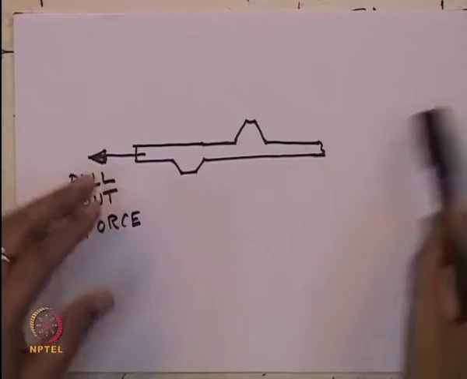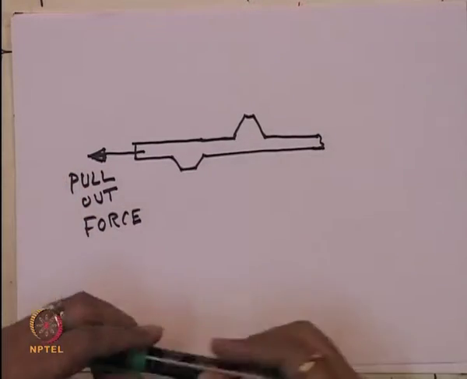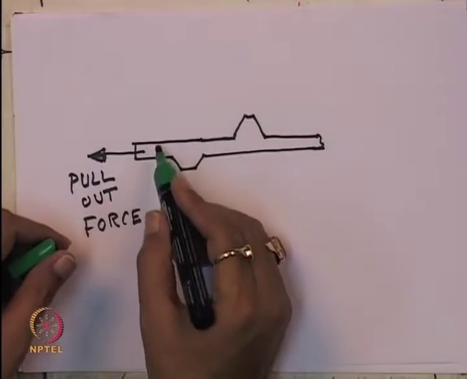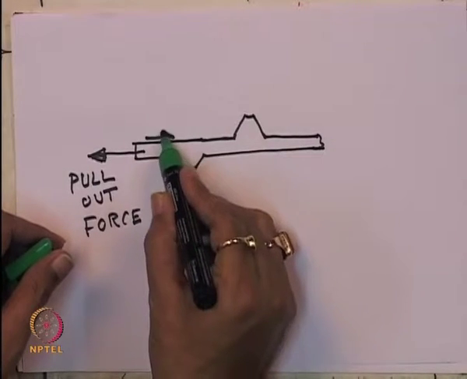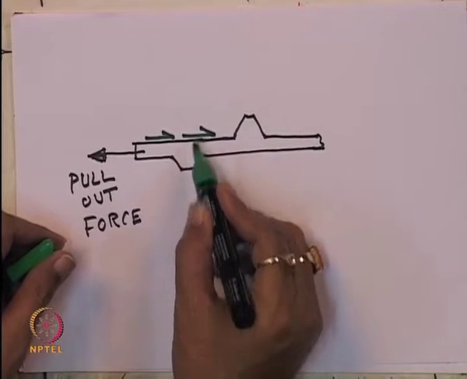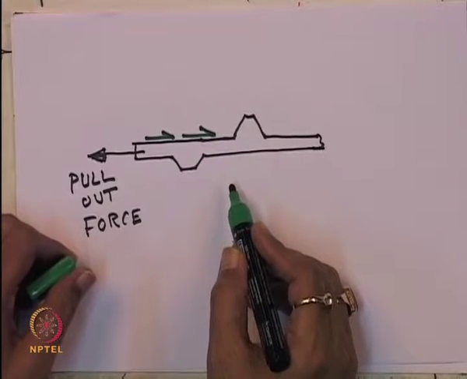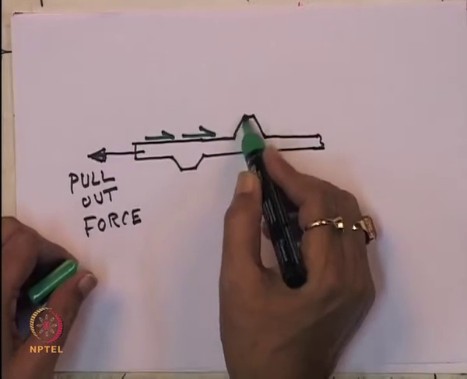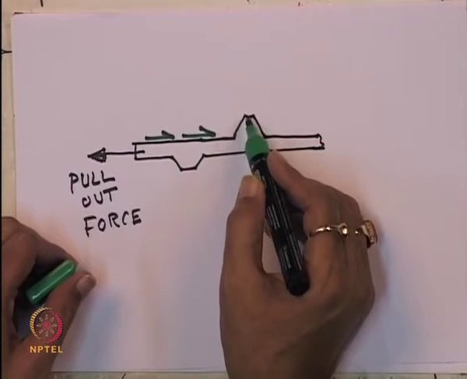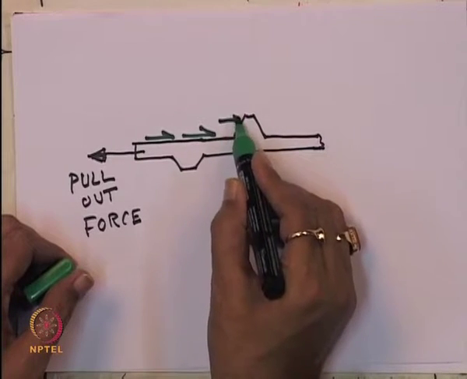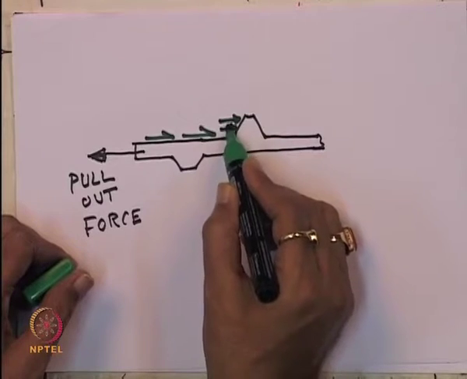So you can see here there will be a development of frictional resistance. This is frictional resistance, but in this portion there will be a development of passive resistance. This is passive resistance.